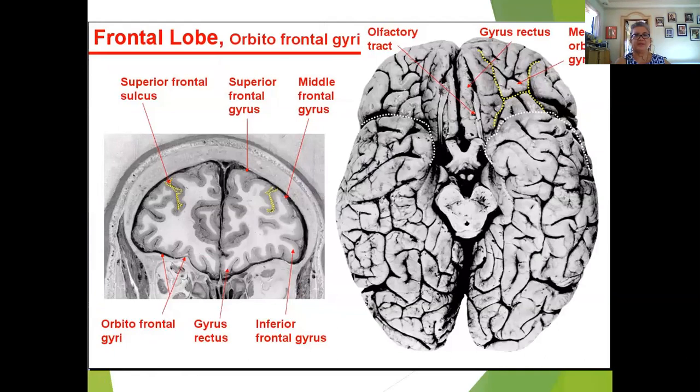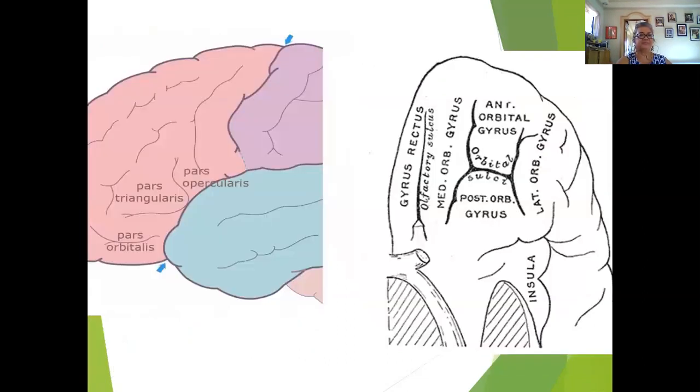This is the basal surface of the frontal lobe, wherein you have the gyrus rectus, which will be medial to your olfactory tract. So this is part of the frontal lobe still, but on the inferior or basal surface.